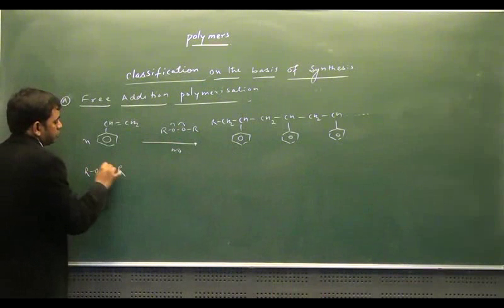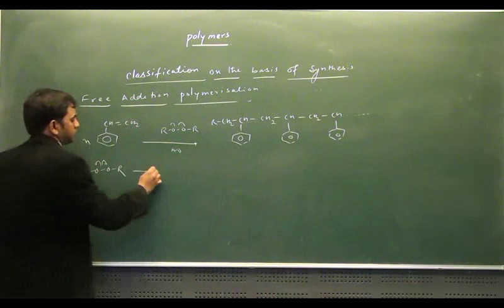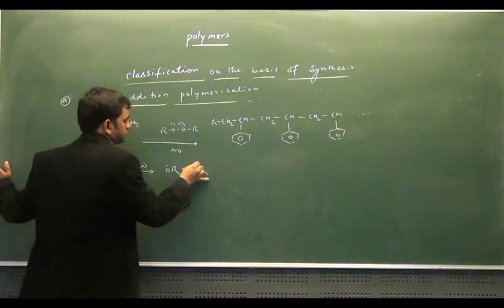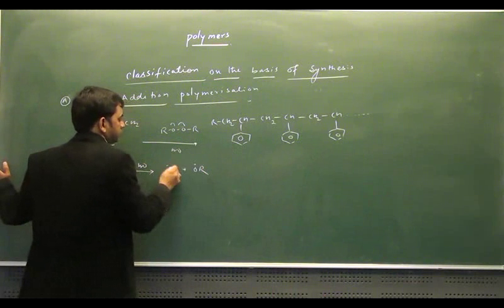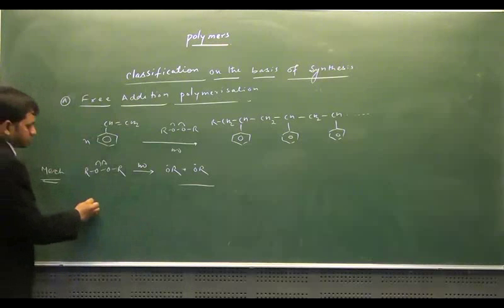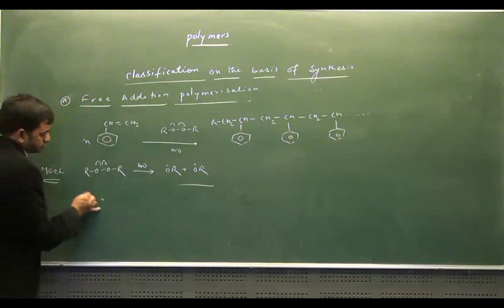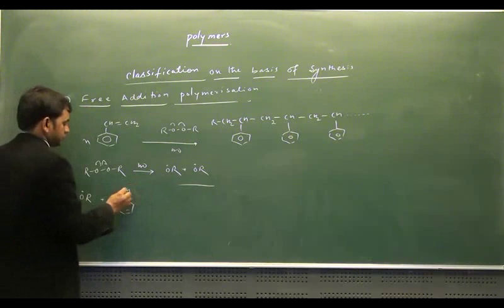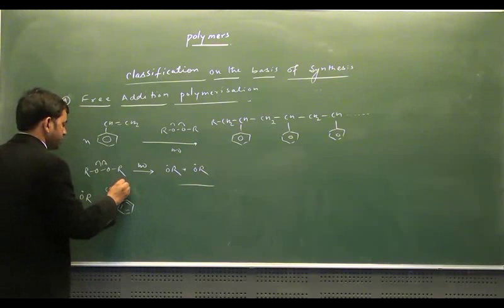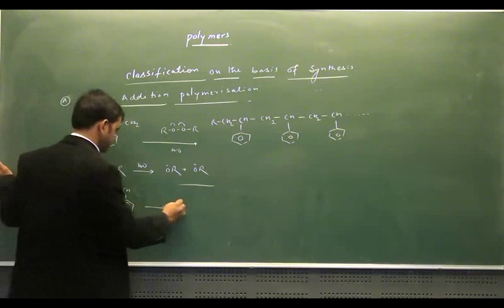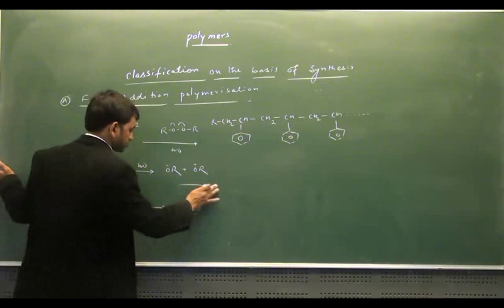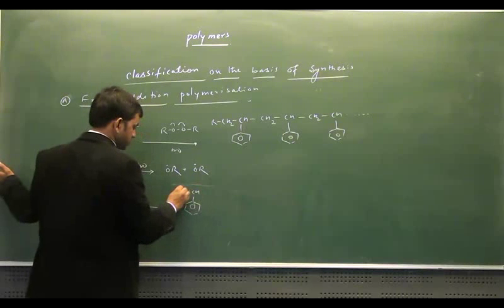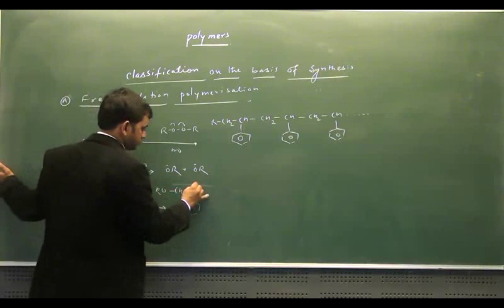ROOR cleaves homolytically in presence of light, giving OR radical plus OR radical. This OR radical attacks CH double bond CH2, which cleaves homolytically and forms the radical.